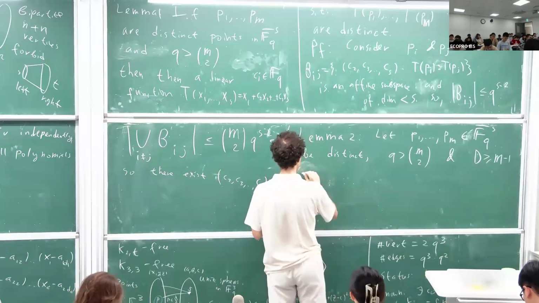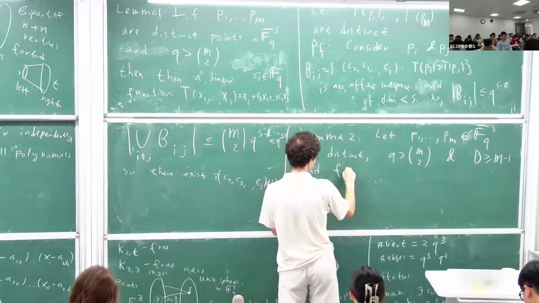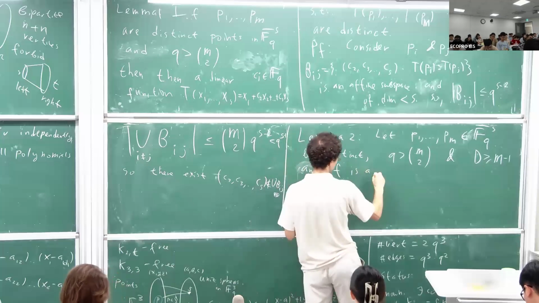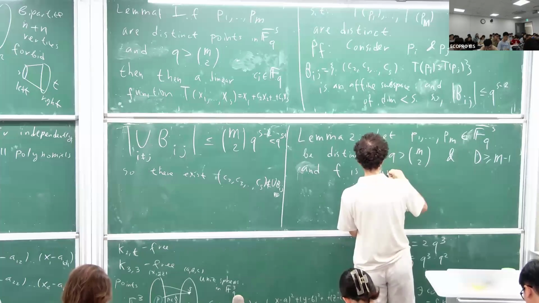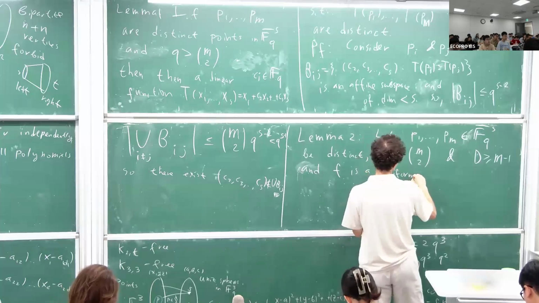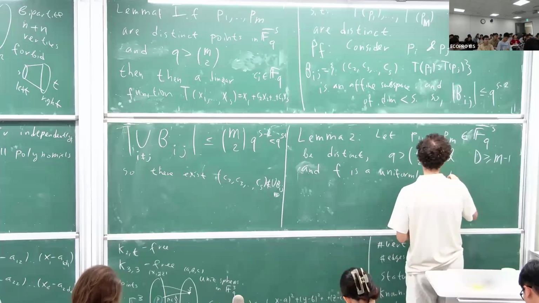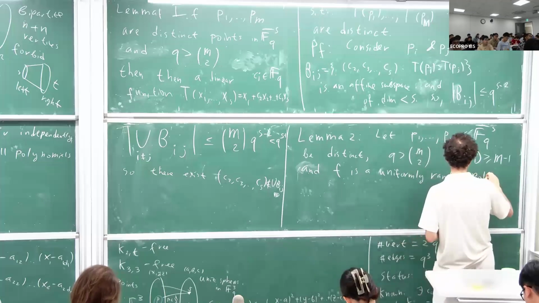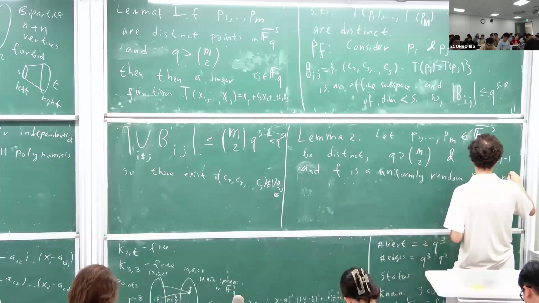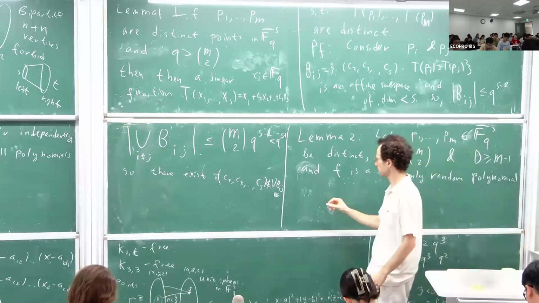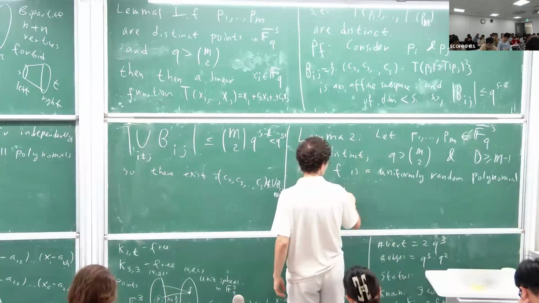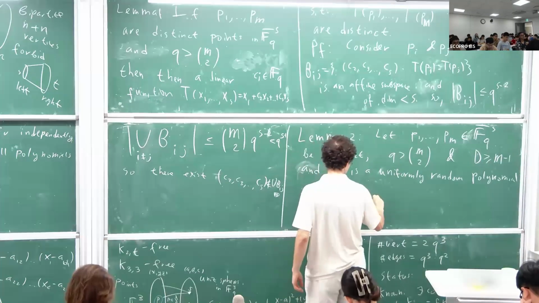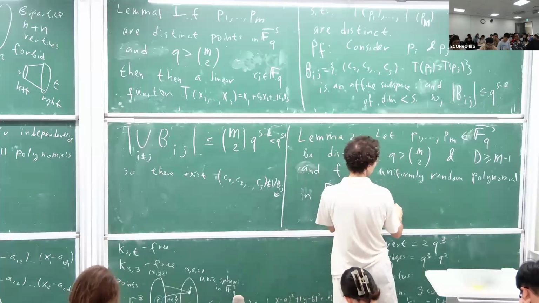And F is a uniformly randomly chosen polynomial among all polynomials of degree at most d.